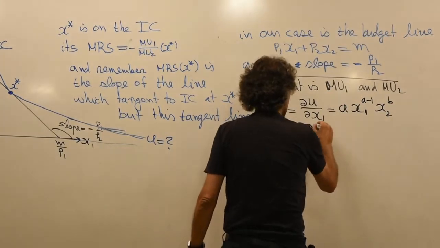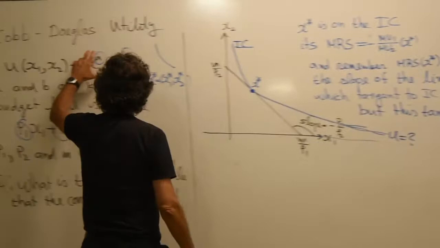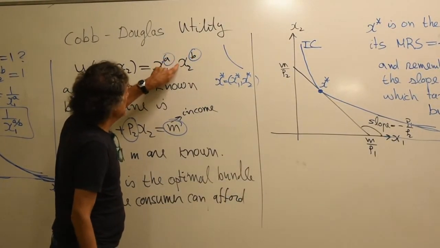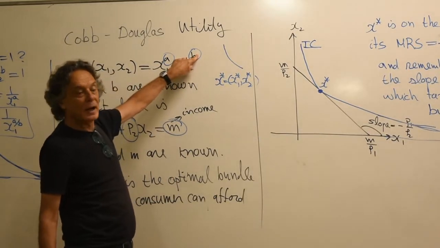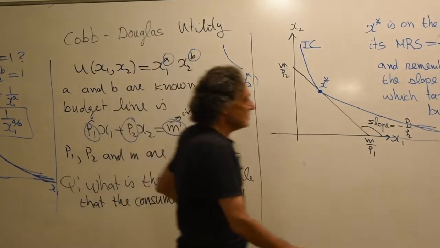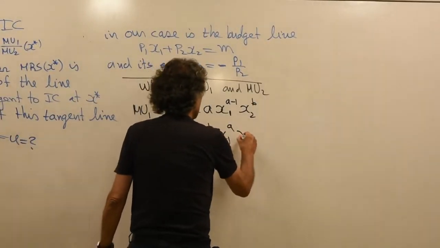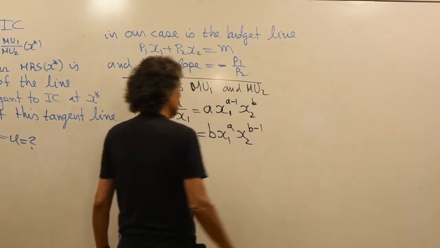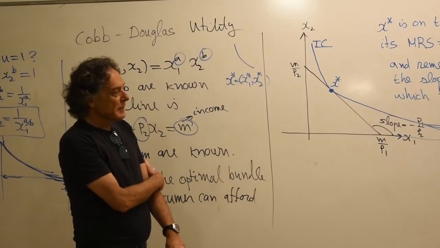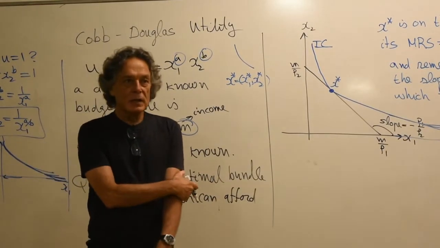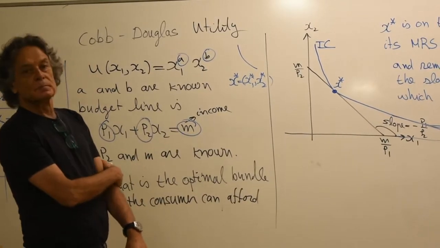Now I do the same thing for MU2. MU2 is dU over dx2. So I take x1 as fixed, and the derivative is b times x2 to the power b minus 1, times this. So I can write it like this: b x1 to the a, x2 to the b minus 1. Simply, I took the derivative of U with respect to x1 and with respect to x2.